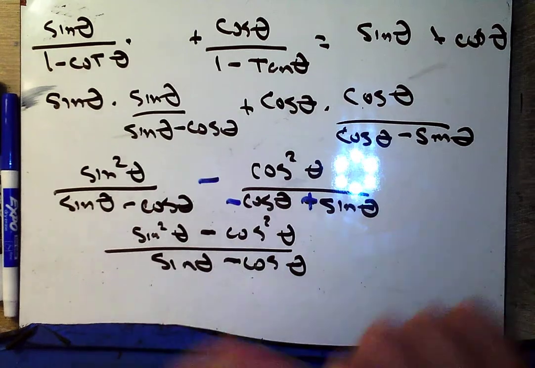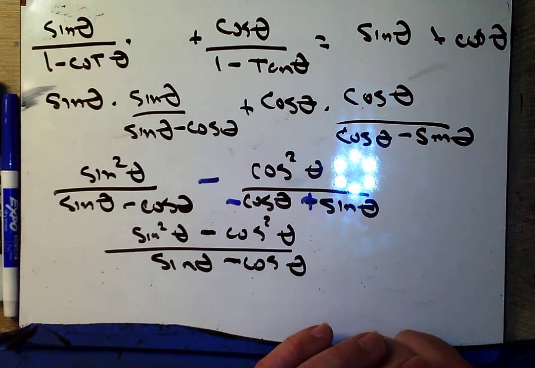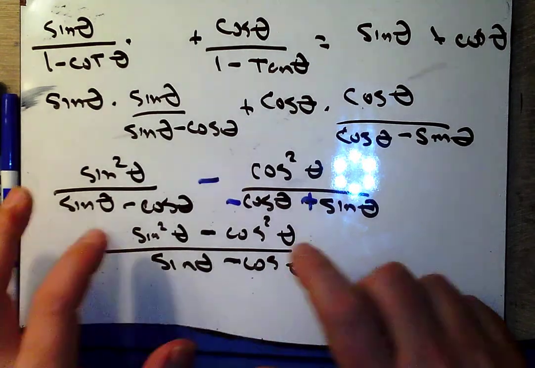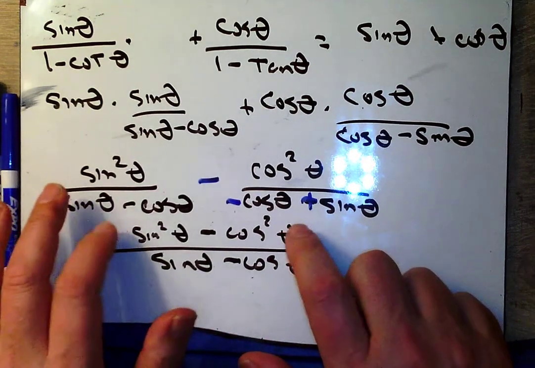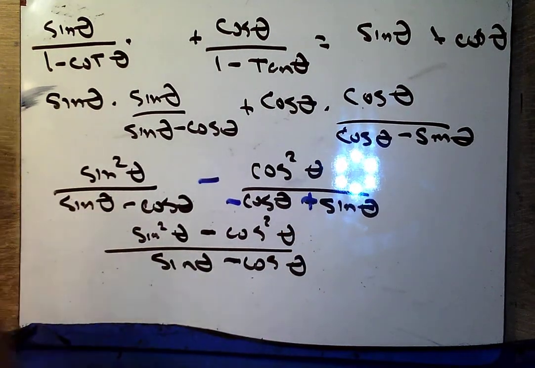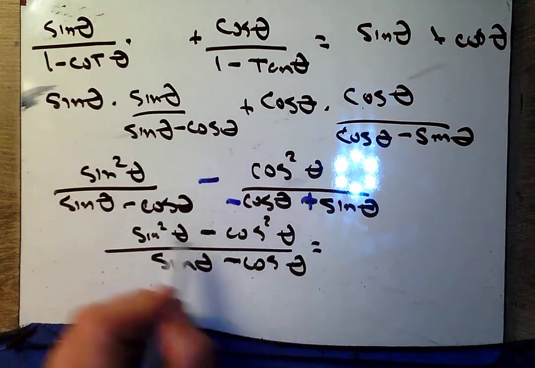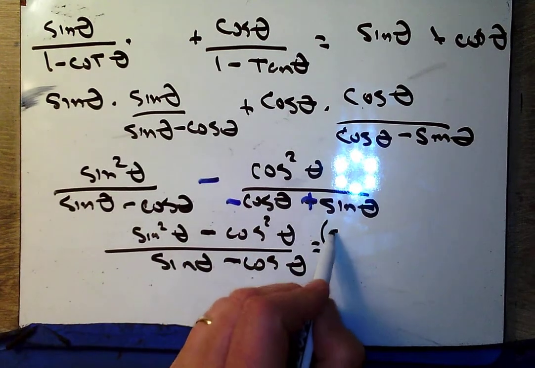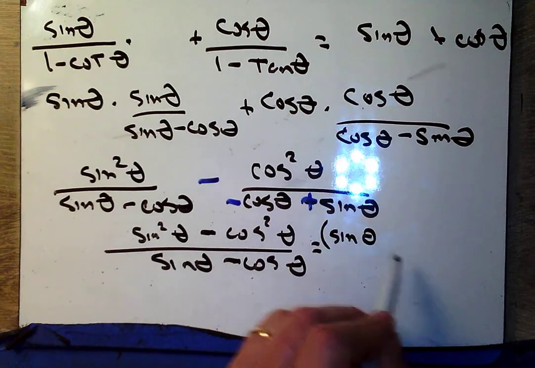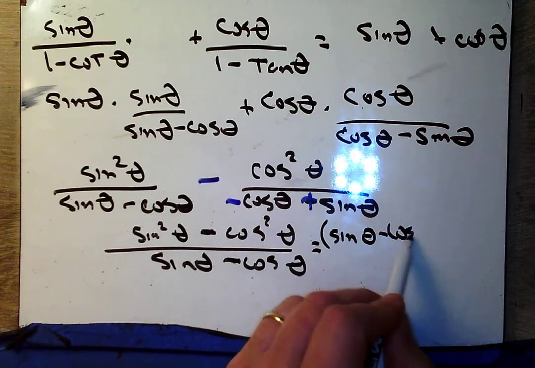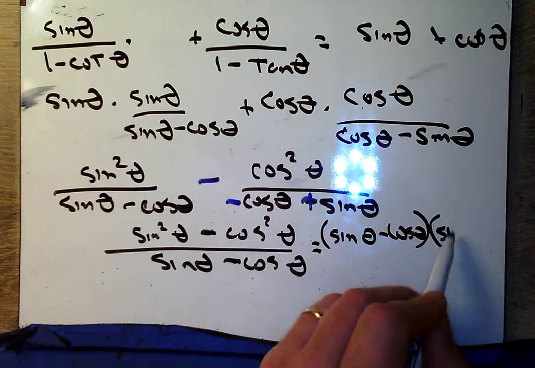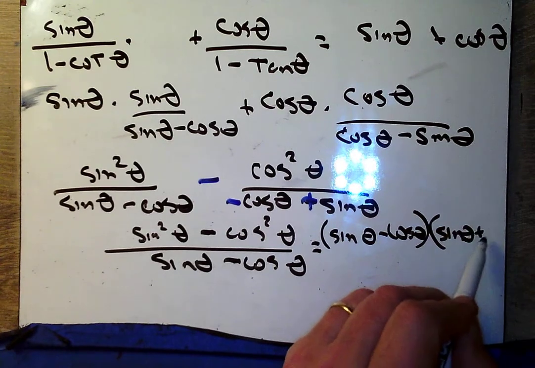It's sine squared minus cosine squared. And that's not equal to 1. Sine squared plus cosine squared is equal to 1. What about this? Do you see anything you could do here? Well, if you said, hey, that's a difference of squares, I could factor that. Good job, you. So we're going to have sine minus cosine times sine plus cosine.